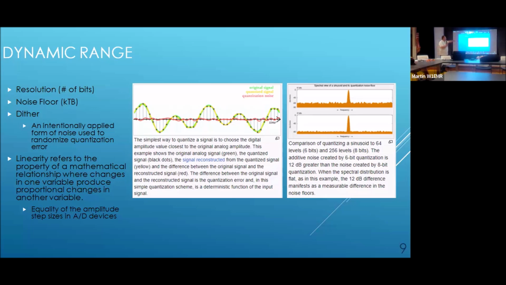The bottom one shows what happens if we have 8 bits, just 2 bits more, and you can see it's a much cleaner looking signal. By the way, 8 bits at mu-law is about the minimum quality necessary to get toll speech. So if you want good quality audio, you need at least 8 bits.